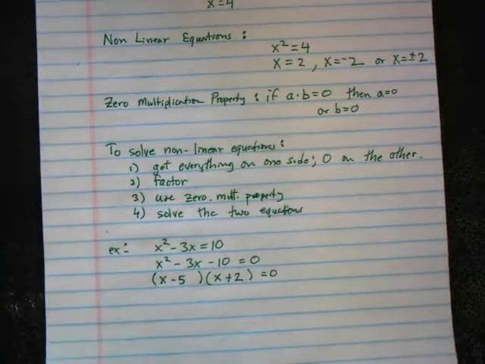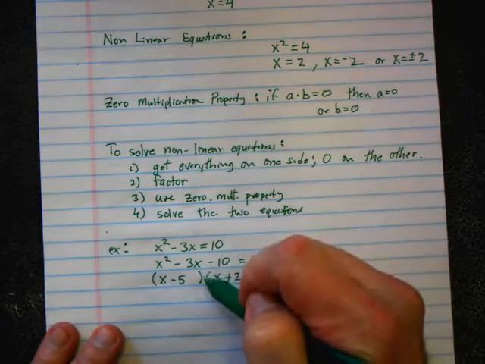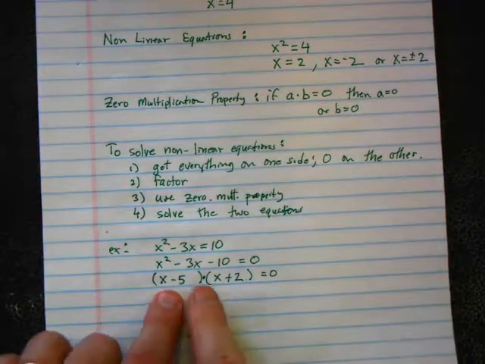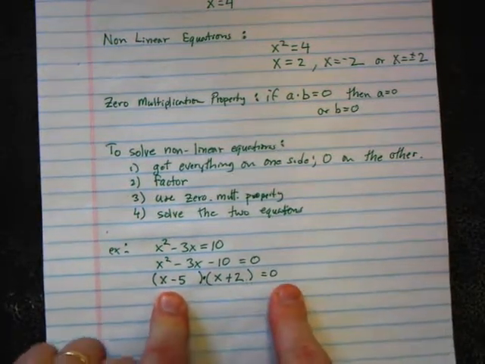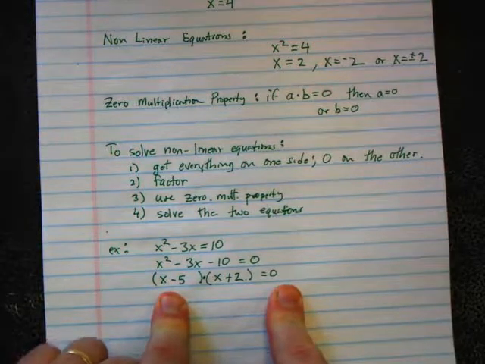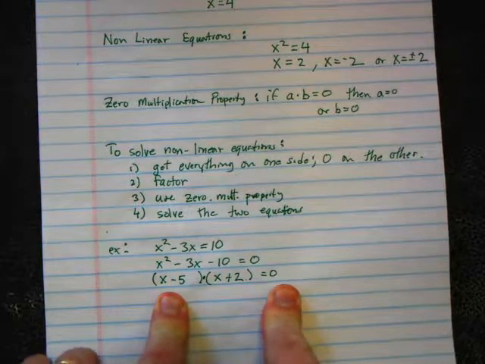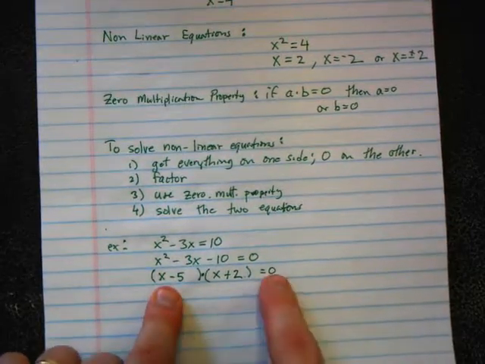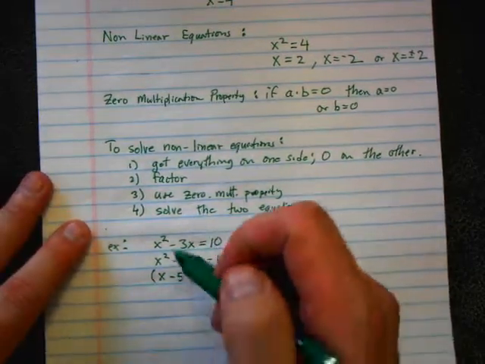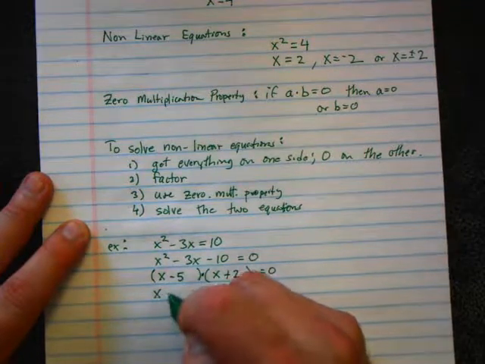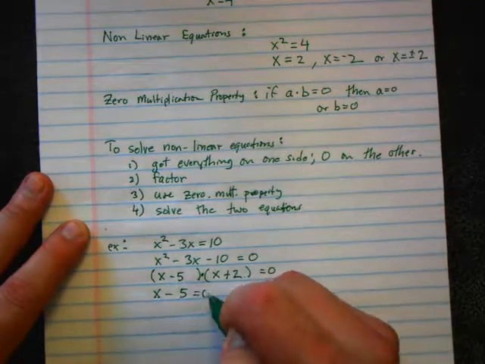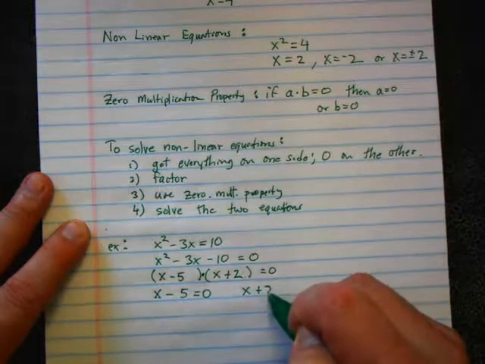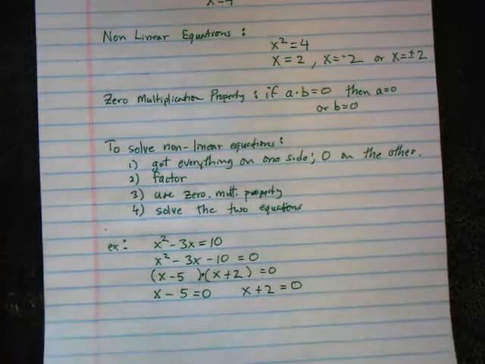And now again, this is the whole key. We are multiplying two things, this times that, and we're getting 0. And your final answer is x equals 5 and x equals negative 2. The only way to multiply two things together and get 0 is one of them has to be 0. So you're skipping a step, which is fine. Once you do a few of these, you start skipping this step. I'm going to write it down just to be very clear on what's happening.